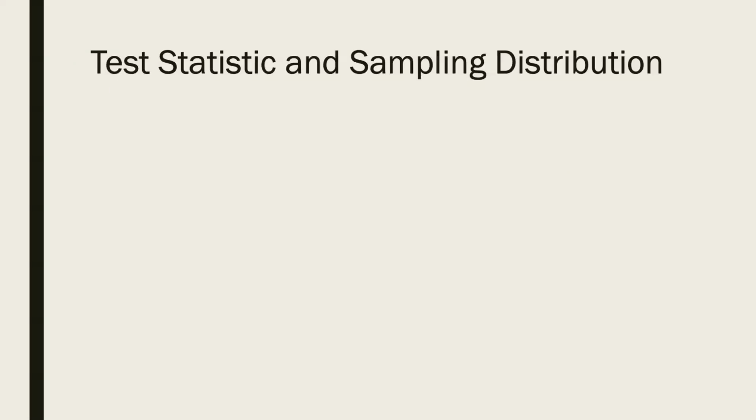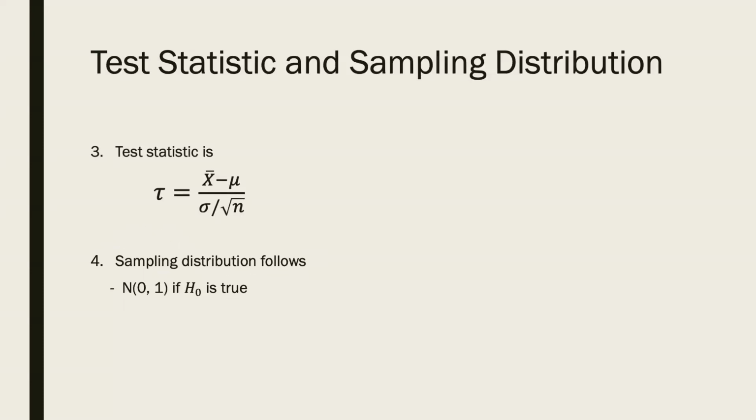So our test statistic for this test is the average height minus the mean from previous, divided by the standard deviation over the square root of our sample size. And we believe that the sampling distribution will follow a standard normal, which is mean 0 and variance equal to 1, if our null hypothesis is true.